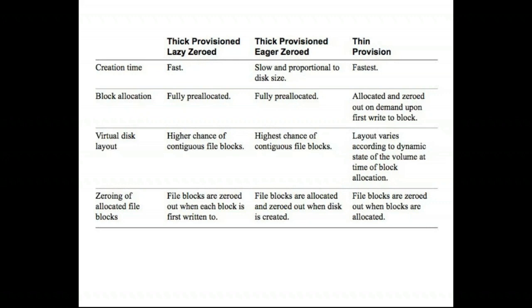And regarding the zeroing of the allocated blocks, file blocks are zeroed when each block is first written to, meaning whenever you are saving your data, at that time it will write the zeros. But with eager zeroed, file blocks are allocated and zeroed out, meaning the whole disk, when it is created, is already allocated as well as zeroed.